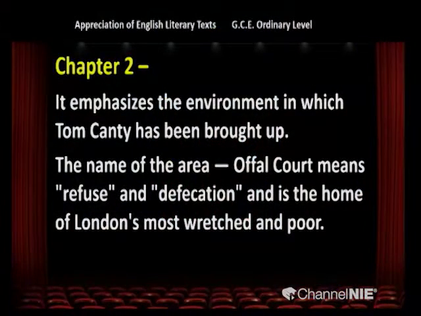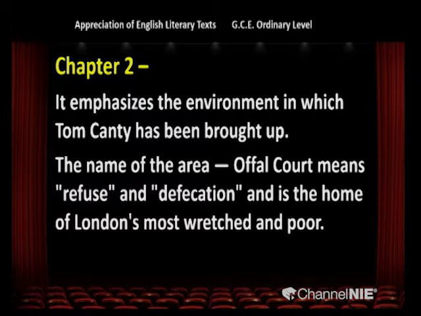Chapter 2 emphasizes the environment in which Tom Canty has been brought up. The name of the area, Awful Court, means refuse and defecation, and is the home of London's most wretched and poor.